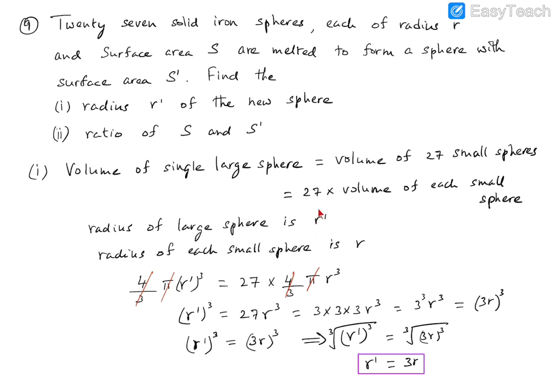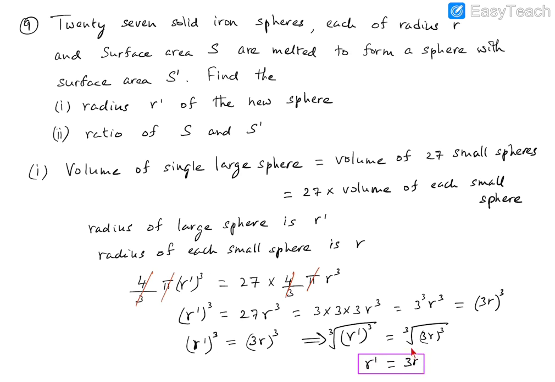So the radius for the large sphere we have taken as r dash, and the radius for the small sphere as r, and then from that we get a relationship between r dash and r, and we obtain the radius of the new sphere in terms of the radius of the smaller spheres. Okay, so the r dash value, the radius of the new sphere, is 3 times r. We don't get a number here, but we get a general expression in terms of the relationship between the radius of the new sphere and the radius of the smaller spheres.